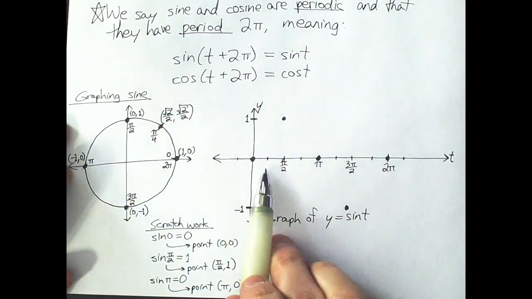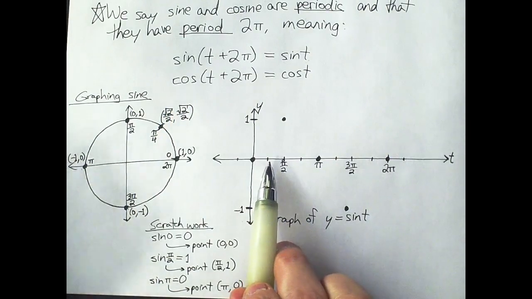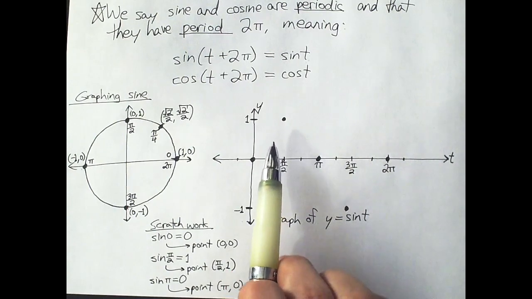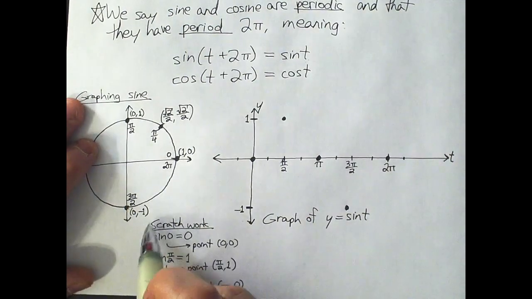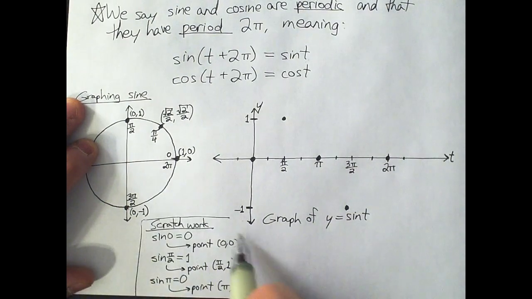So, on our graph of sine t, that would be going with this t value, and the y value is square root of 2 over 2. Where is square root of 2 over 2? So, okay, I'll continue the scratch work a little bit.